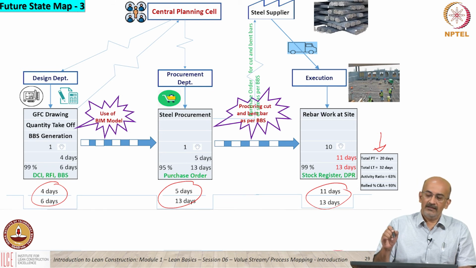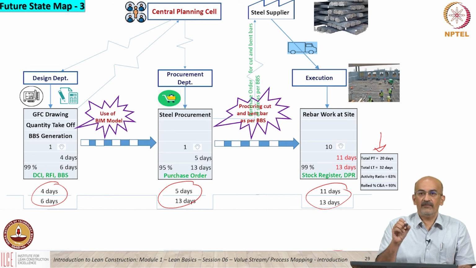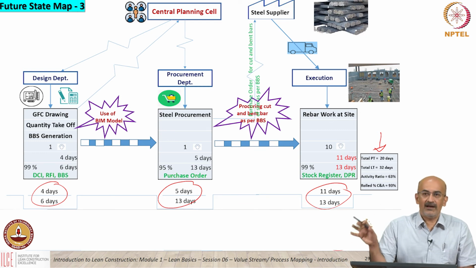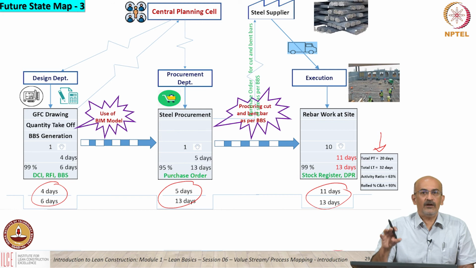The same issue was faced several years back when we went from site mix to ready mix. Are there enough vendors to give me ready mix at the time I want? Or will there be a monopoly also? Correct. You have to do an analysis to see whether the trade-off is worth it.